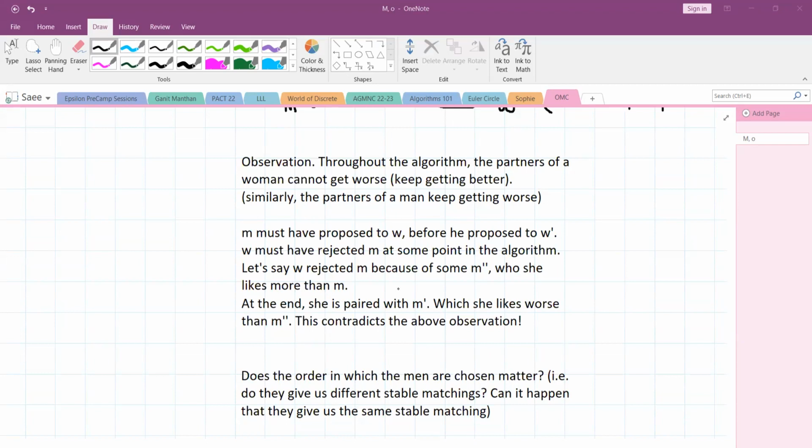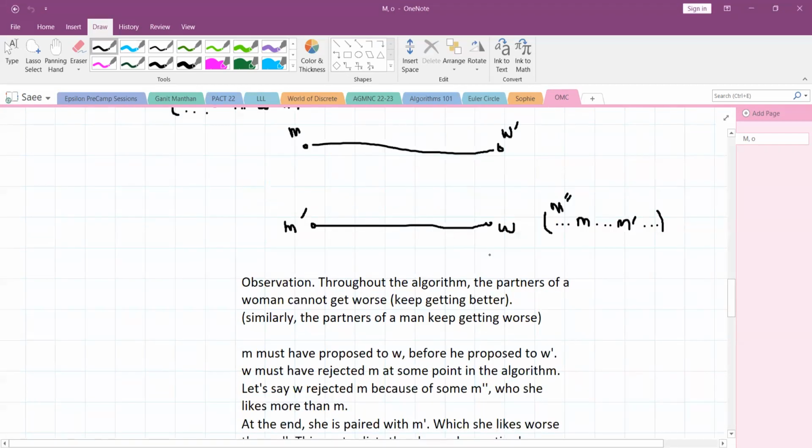I don't think there can be a case where everyone is paired with their first preference. Oh, that I think can easily happen. If every man has a distinct, different first preference, then they'll be paired with their first preference.